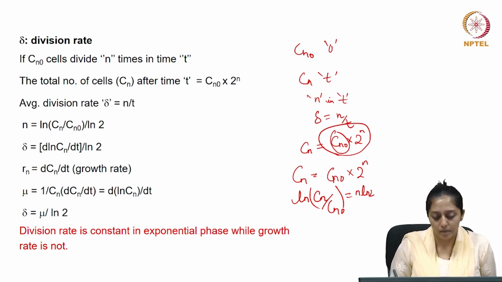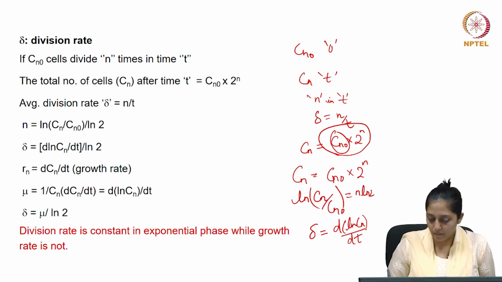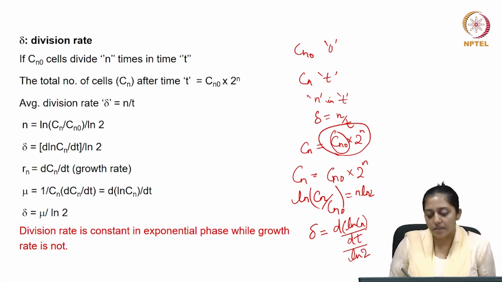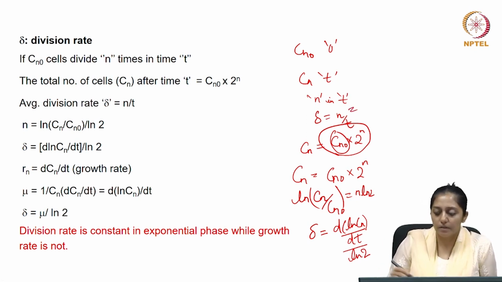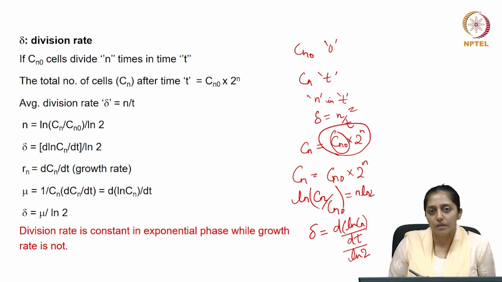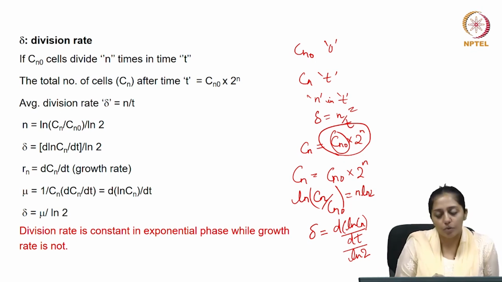Now, we know the division rate is n by t. So, it becomes t equals ln Cn by ln 2. Is this clear? So, division rate was the rate at which the number of times the cell will divide. So, it is dn by dt, and your growth rate is what?